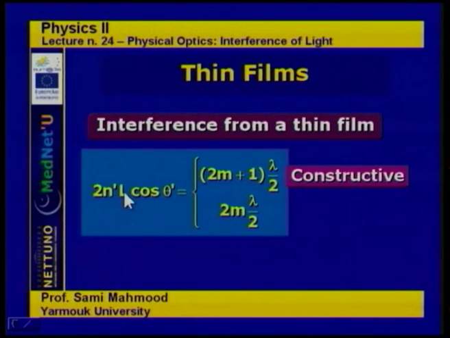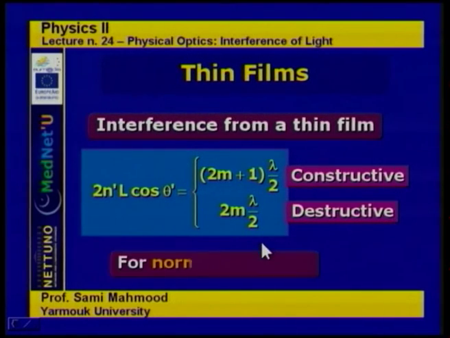And when this quantity, which gives the thickness of the film, is equal to 2m times λ/2, an integer number of wavelengths, it gives destructive interference. And this gives the facility to measure the thickness of the film from the interference pattern.